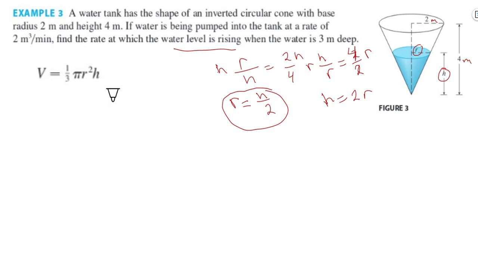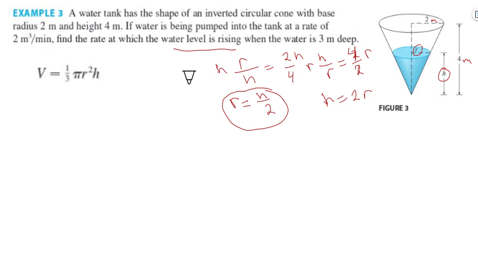So where does the v go? Oh, the v's over here. So we're still going to do this. What we're doing though is we took advantage that it's similar, so that we can get it down to fewer variables. Because otherwise, we're going to have a dr/dt, and we don't know how that's changing.